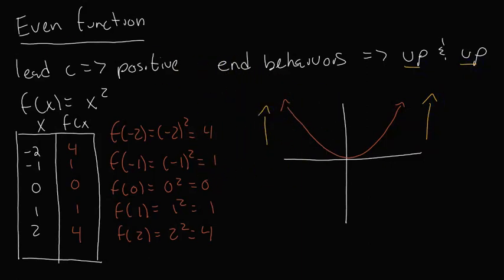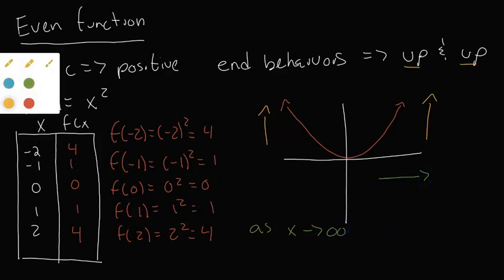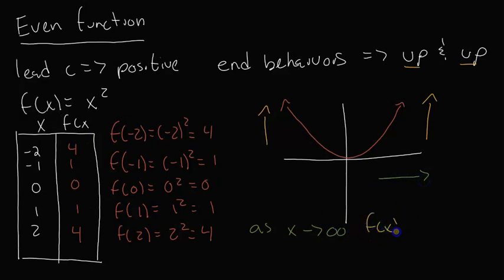With this, we can actually see that our x is going to determine these end behaviors as they are going up or up. So what I'm talking about is as x approaches one of the sides, or let's say in this case, infinity to the right, my f of x is approaching up, which in this case is also infinity.